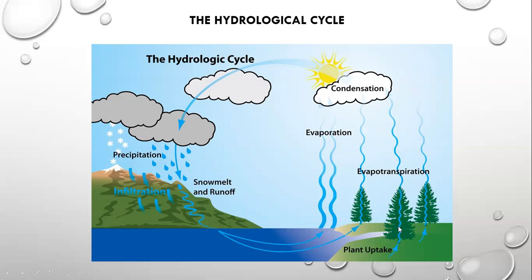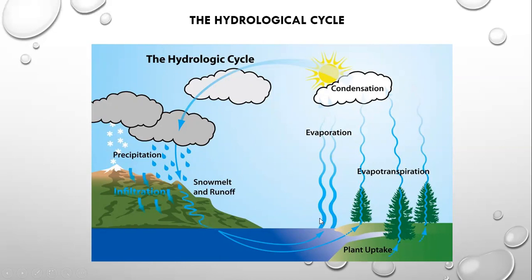Also, plants lose water through their leaves during the process of transpiration. So the combination of evaporation and transpiration forms evapotranspiration.